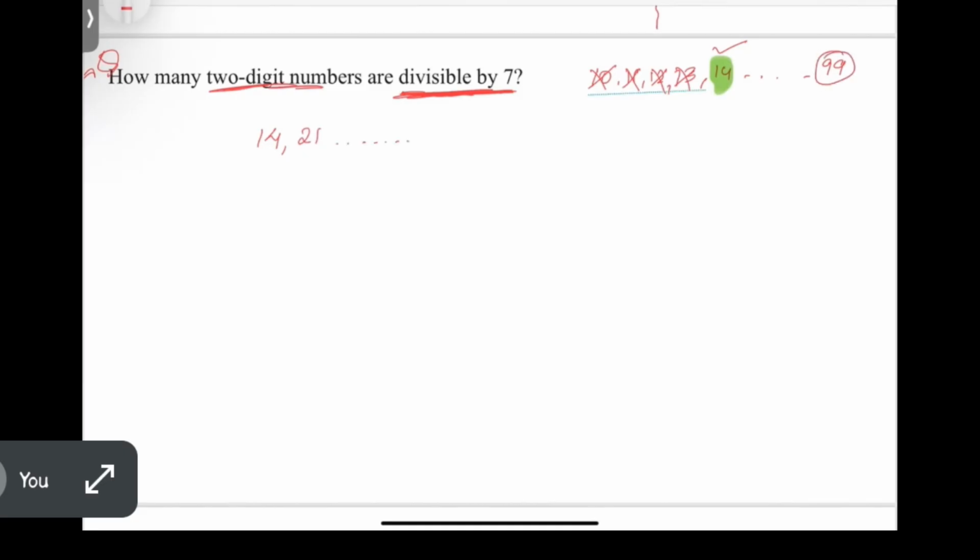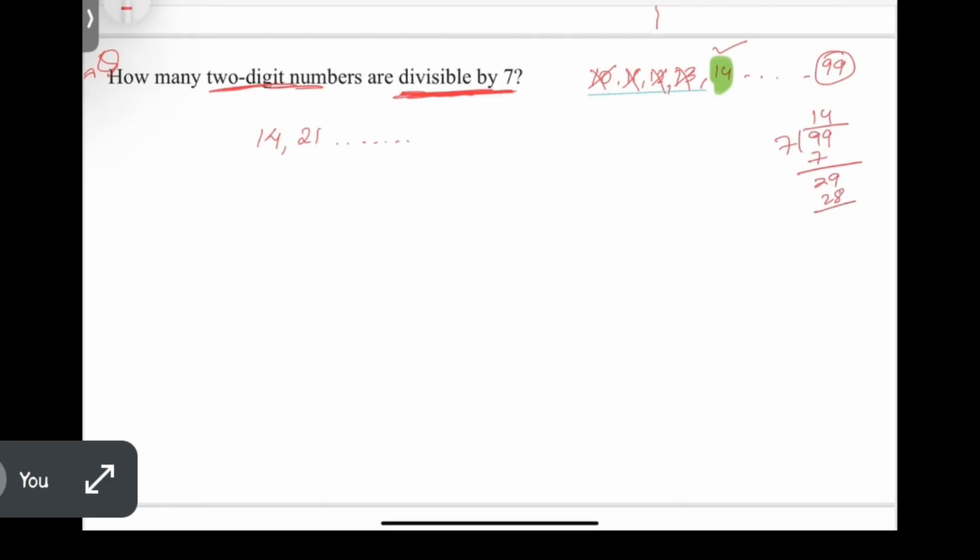We don't know what's the greatest two-digit number that is divisible by 7. There are many ways you can do this. You can multiply and check, or you can just divide 99 by 7. 7 ones are 7, 2 left, 29. 7 fours are 28.